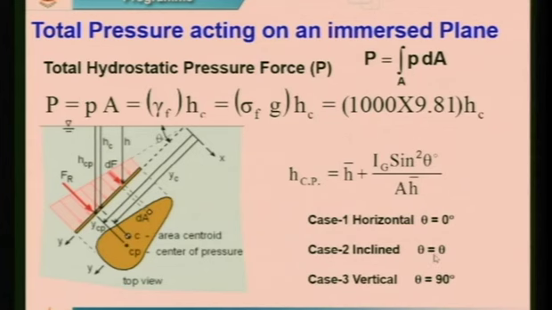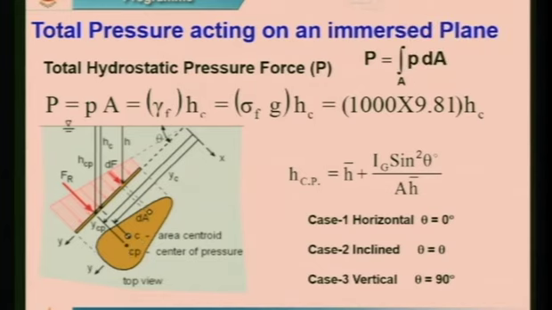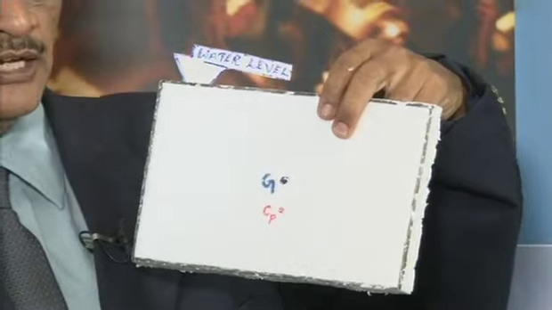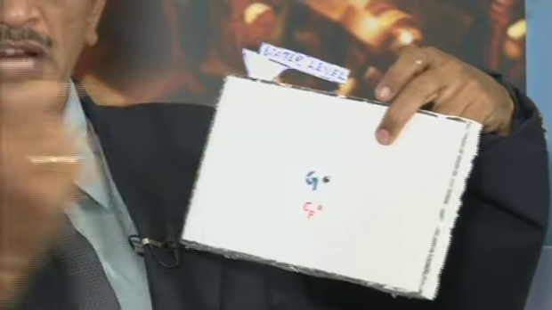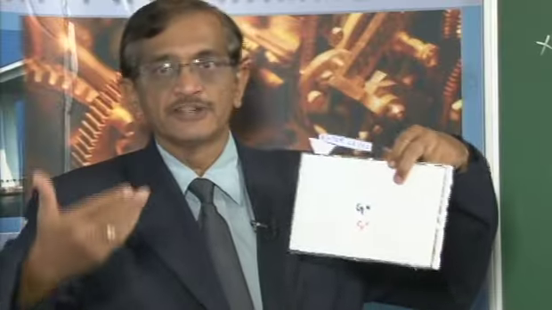When it is having an angle of theta, we can use the formula as it is. You can see it will be slightly below the centroid. You can see the cursor, centroid C and CP, which is slightly below, as I have also shown in this diagram. It is the centroid C and this is the center of pressure, which is slightly below. If this is 10 centimeter, this could be hardly some 5 mm or 3 mm depending upon the depth where it is located.